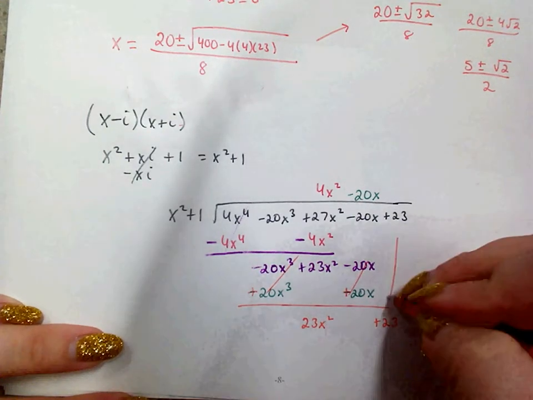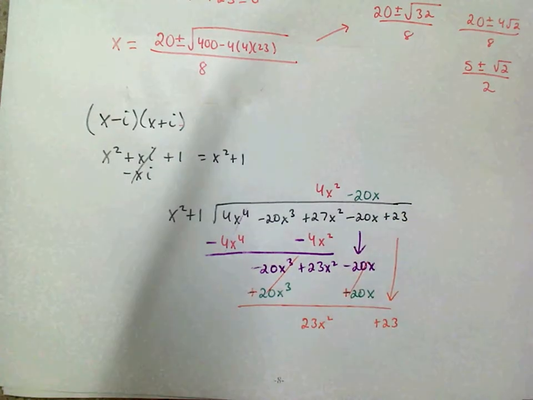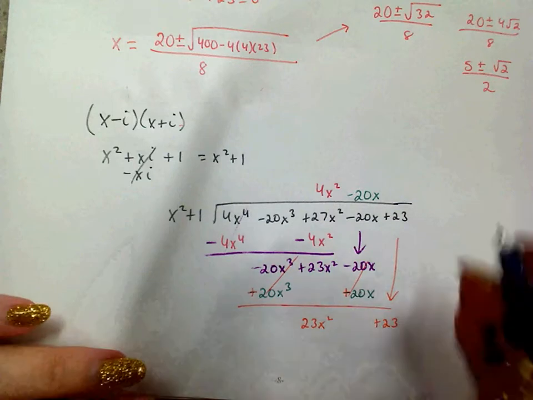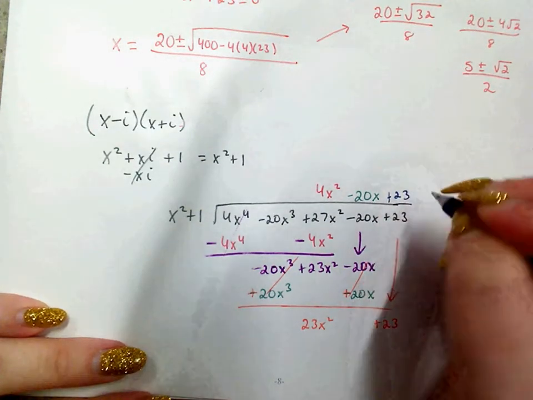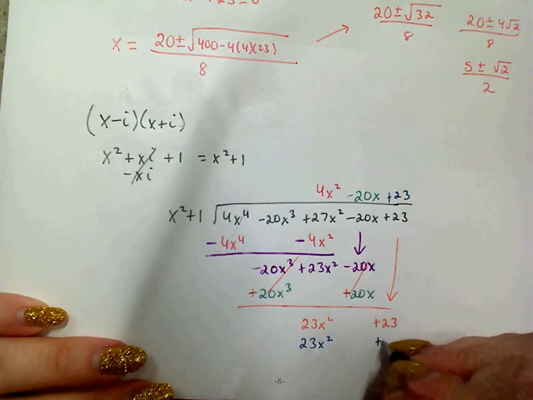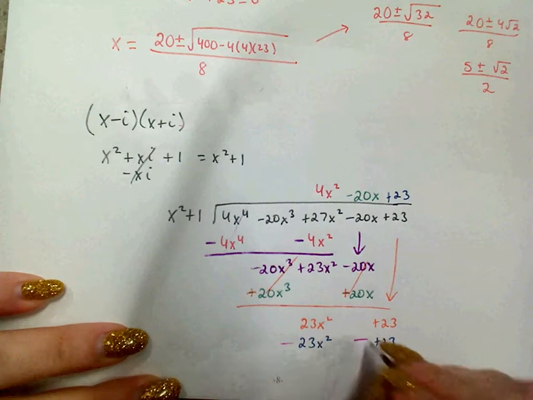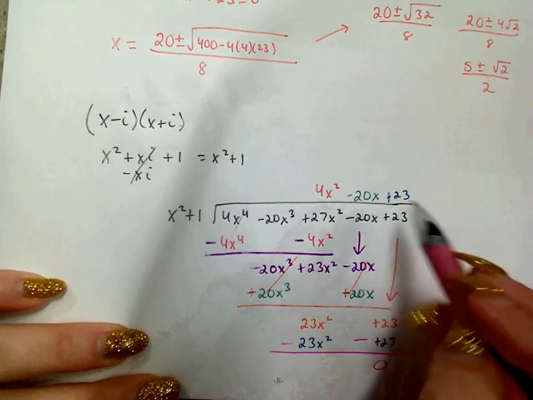And then what do I need to multiply x squared by to get 23x squared? That is 23. 23 times x squared is 23x squared, and 23 times 1 is 23. Subtract. And that's a 0. So this is the quadratic that I would then solve, which is the quadratic that we solved up here. Whichever one is your preference.